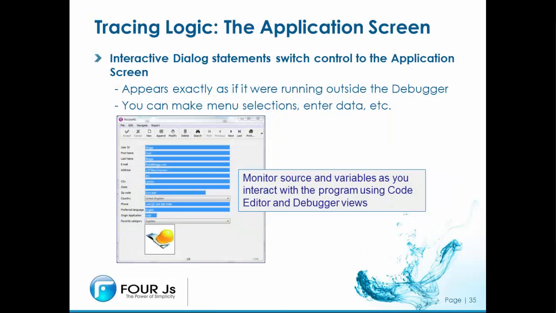And this is what we actually had happen a few minutes ago when I went to the studio interface and I went in and actually launched the debugger, and then the commands didn't work for a second or two and we were trying to figure that out. This is what happened, right? It actually reached an interactive dialogue statement in the application, and when you get to one of those, it actually switches control away from the debugger and back to the application, waiting for you to perform some sort of action.